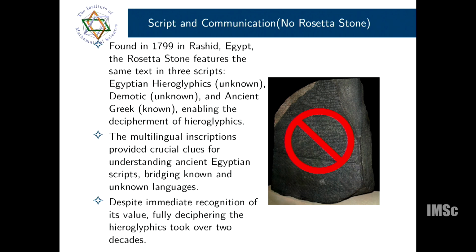Yes, it can give you the clue, no doubt. But it doesn't mean that if you don't have a Rosetta Stone, you should stop your effort. Especially computational methods have good hope. We will all talk about this and what we can do so far.